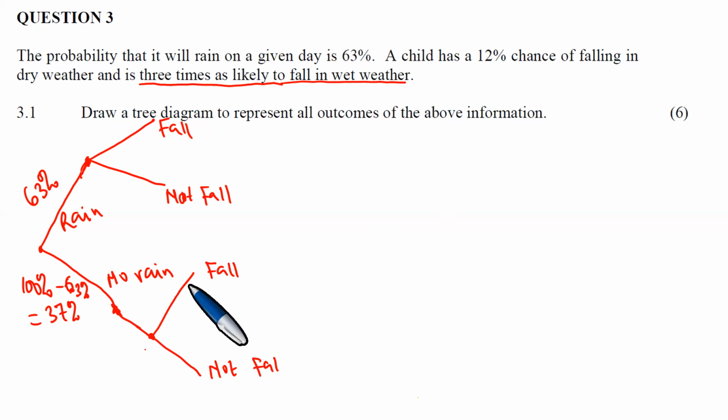Okay, let's look at if there's no rain. If there's no rain, then it's dry, and the chance of the child falling is 12%.